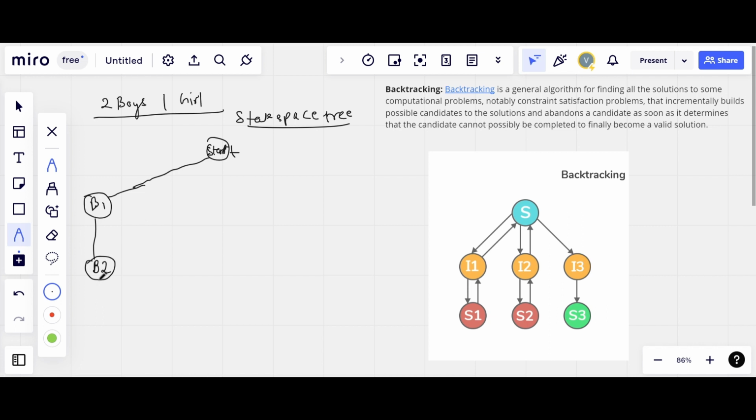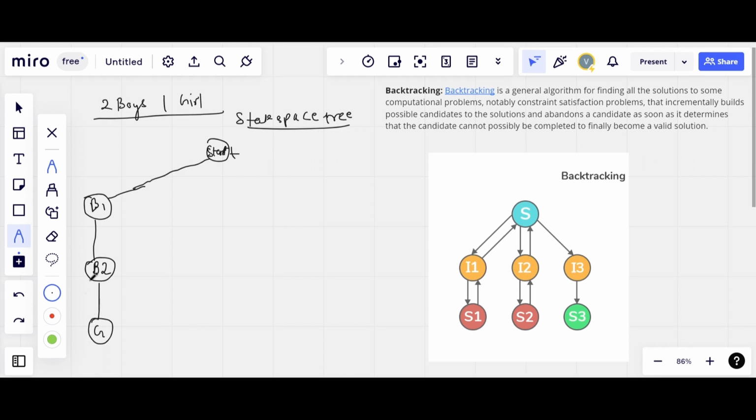At each level we are checking the constraint. Now we are moving to the next level where we have no choice but to take the girl, but it is meeting our explicit constraint. So this is our valid solution. As from the girl we are out of choices, we'll go back.